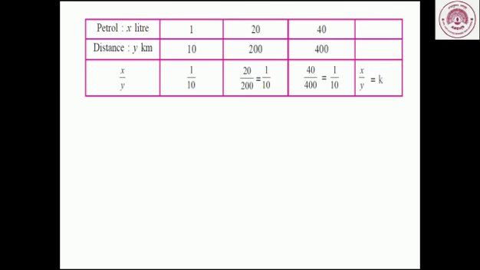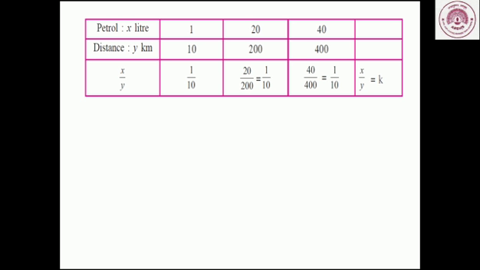Now let's see the table where all the values are inserted. Here the first column we have petrol x liter, distance y kilometer, and the ratio x upon y we will find out for each of the values. Now here in 1 liter of petrol, the distance covered is 10 kilometer, so x upon y will be 1 upon 10.